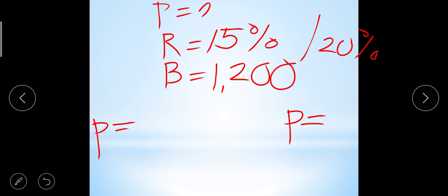But you don't multiply it directly, because you need to convert first the rate to decimal. For you to do it, you need to divide 15, the rate, by 100, and the value you get is 0.15. So, 0.15 will be the value that you multiply to B.